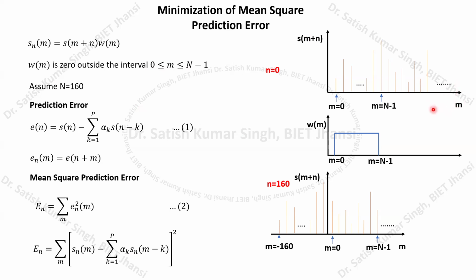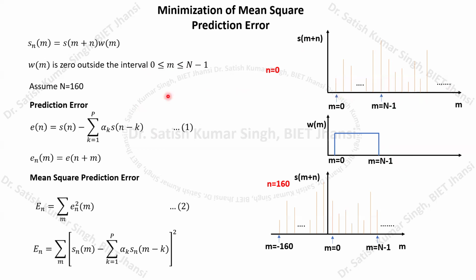Now if you multiply these two signals together, you will find that only samples from m equals 0 to m equals N minus 1 get the emphasis, because outside this range the window is 0, and therefore all the samples outside this range become 0 when multiplied with the window. Only these samples are considered for the analysis.